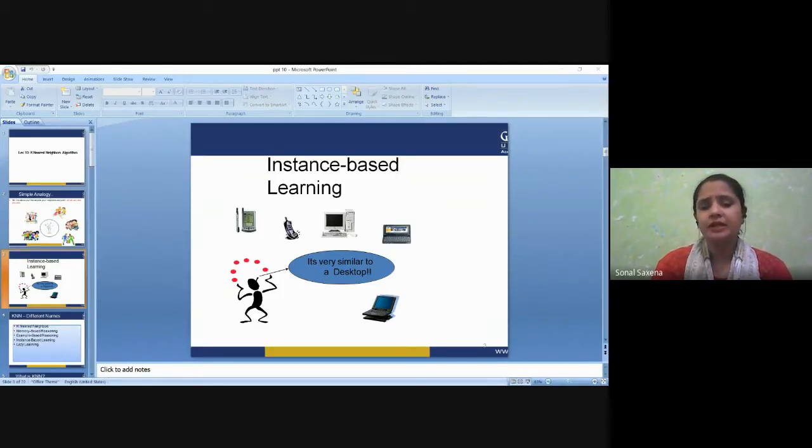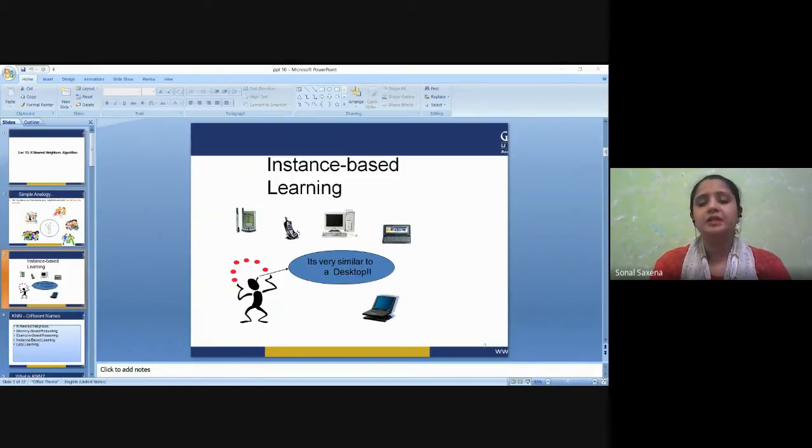It is called instance-based learning because it builds the hypothesis from the training instances. Whatever it has learned from the training, it builds the hypothesis on the basis of that. For this reason, it is also called memory-based learning, because whatever it has memorized from the past training, it applies to the same thing.